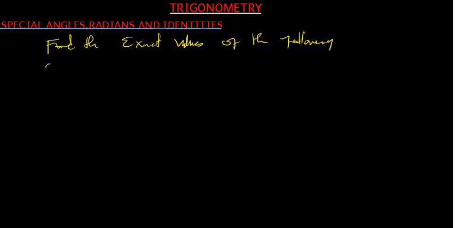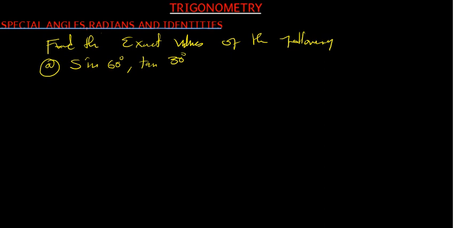Alright, so let's say we've got the first one. They tell us to find the exact value of sine 60 degrees, and then also tan 30 degrees. Now these we already know, these are special angles, and so we don't need to worry anything.